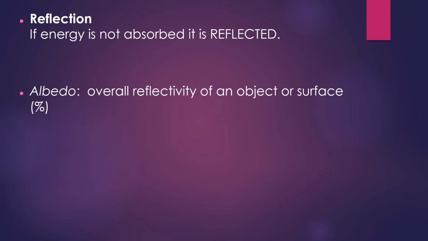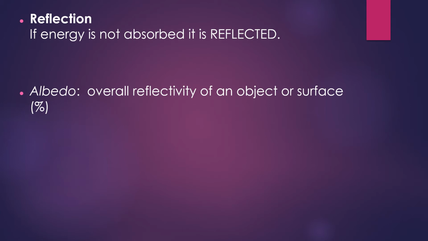With that same thinking, when we look at the surface of Earth, different surfaces will have different reflective and absorption capabilities. So when energy from the sun comes in and passes through the atmosphere, that white snow at our poles is going to immediately reflect that energy from the sun.